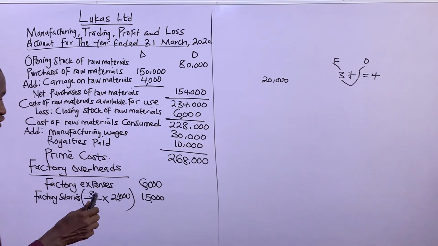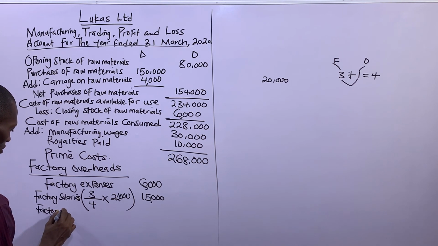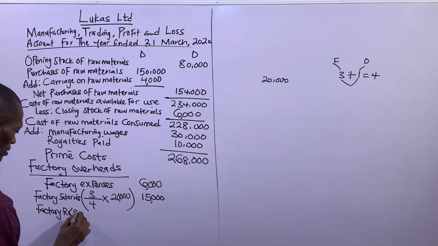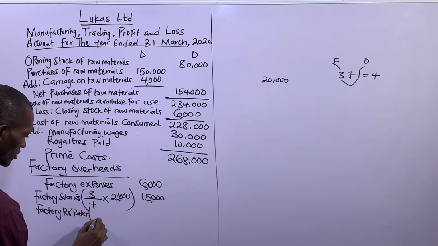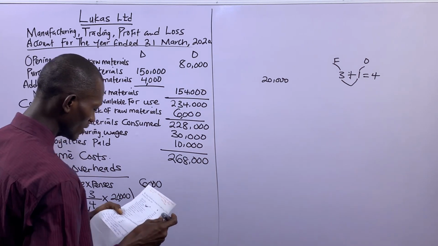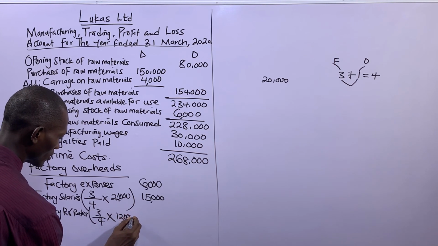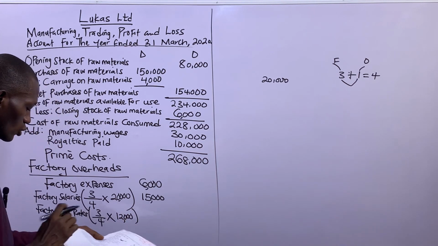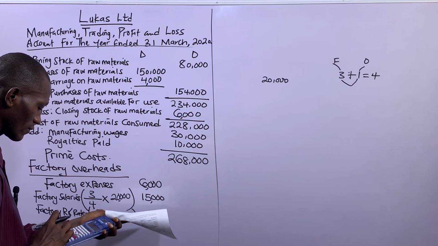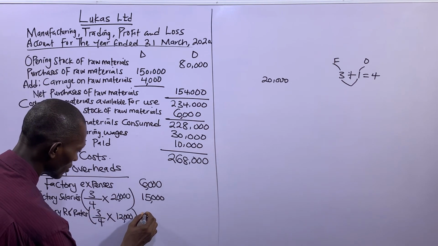Then factory rents and rates. The same way, we have 3 over 4 times the rent and rates figure, which is 12,000. So 3 times 12 divided by 4 gives us 9,000.